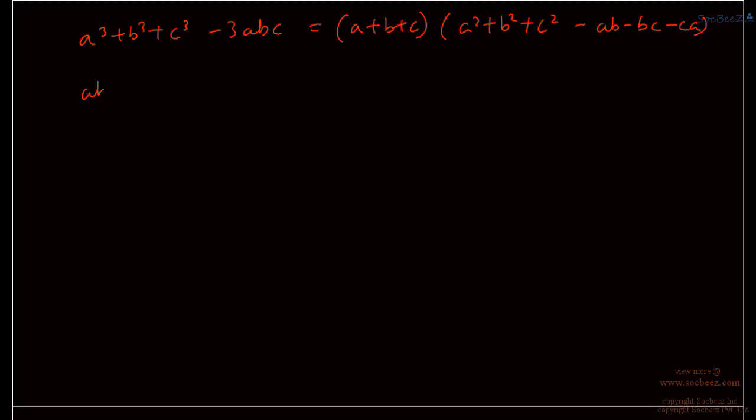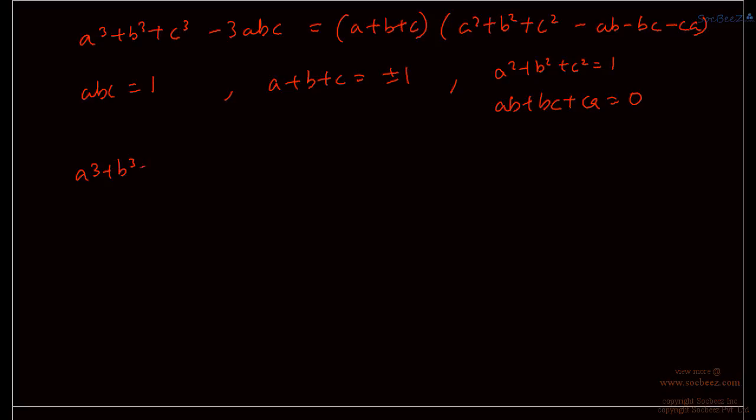Right. So now I also know that ABC is equal to 1. I know that A plus B plus C is actually plus or minus 1. So there are two different cases here. And then A square plus B square plus C square is equal to 1, obviously from our expansion we found this out. Right. So I put all of these values.